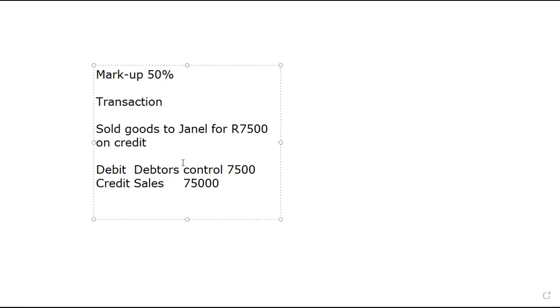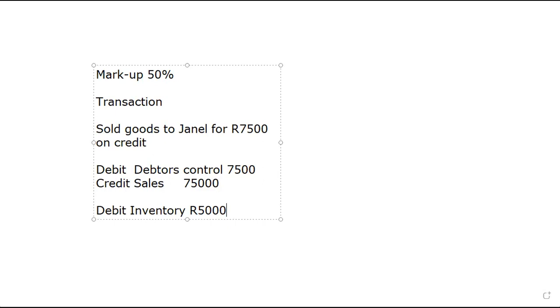And then debit inventory, 5,000. Where did I get 5,000? Remember, students, when I was making an example about this scenario, I said that the cost price is 5,000. If you say 7,500 times 100 divided by 150, it would give you 5,000.